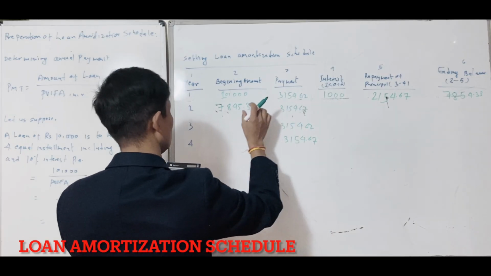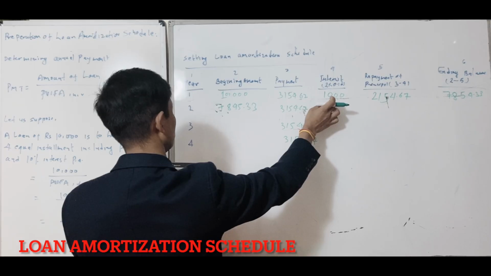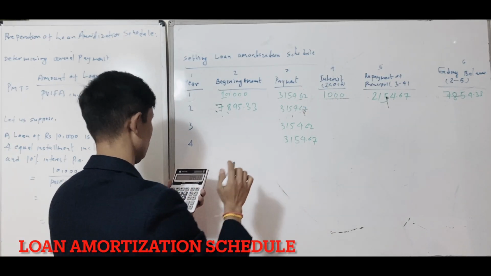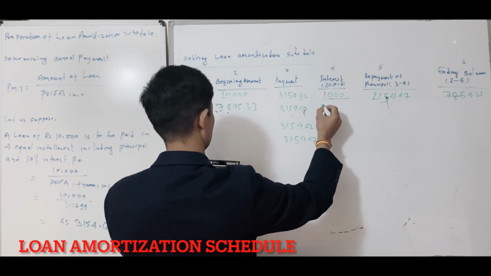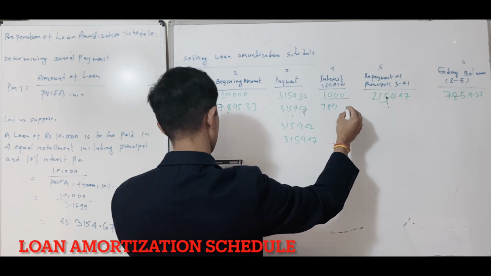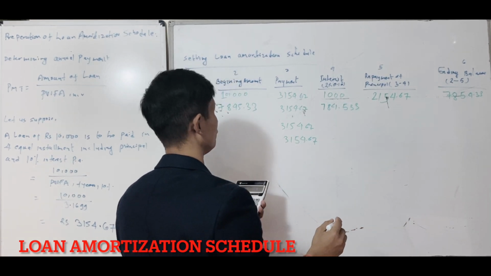Now let's calculate column 4. Column 4 is column 2 multiplied by 0.1. So we get 784.533.